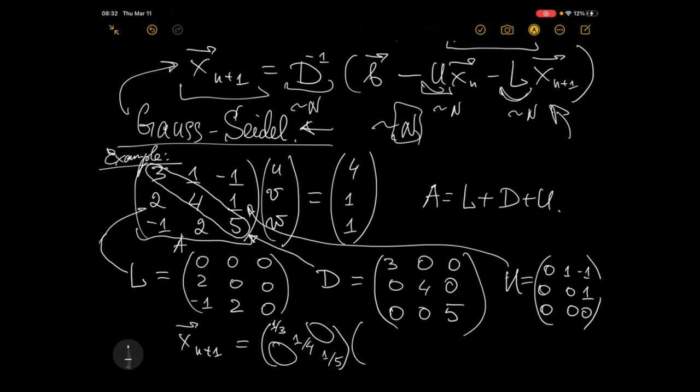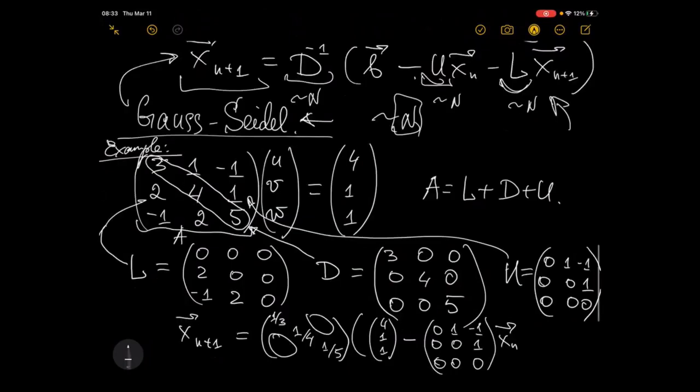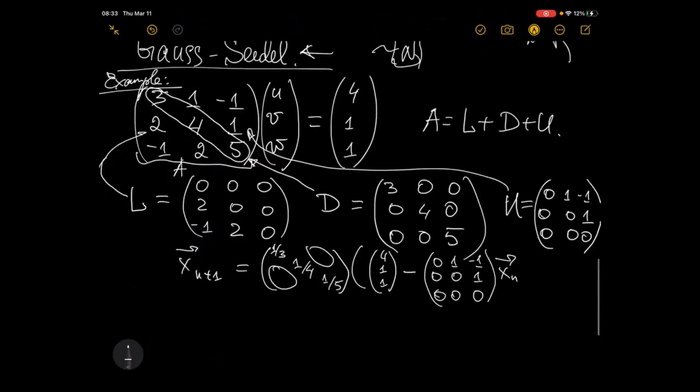Multiply it on the right hand side, which is 4, 1, 1, minus the upper part 0, 1, -1, 0, 0, 1, 0, 0, 0, multiplied on the previous x_n, minus the lower part 0, 0, 0, 2, 0, 0, -1, 2, 0, multiplied on x_{n+1}.